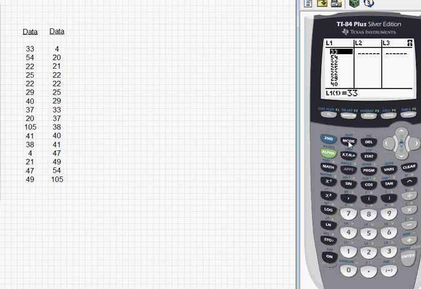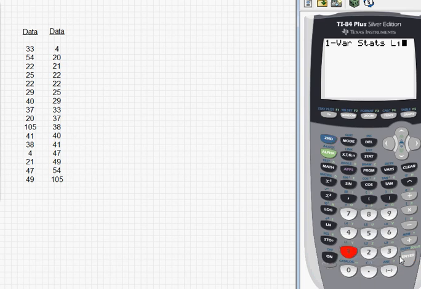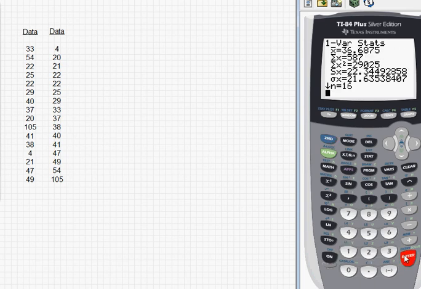We can go to Stat, the Calc menu, 1-Var Stats. We can do the one variable statistics for L1, and here we have our mean, sample standard deviation, and regular standard deviation. We'll assume this is a sample, so we'll use the sample standard deviation.